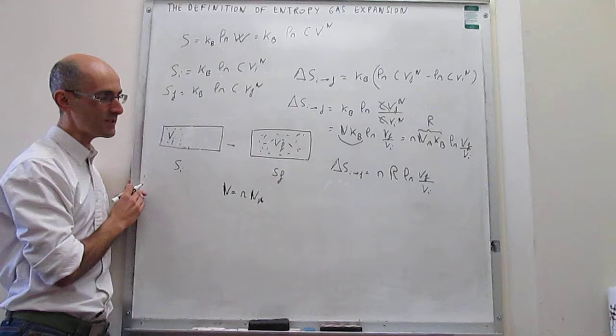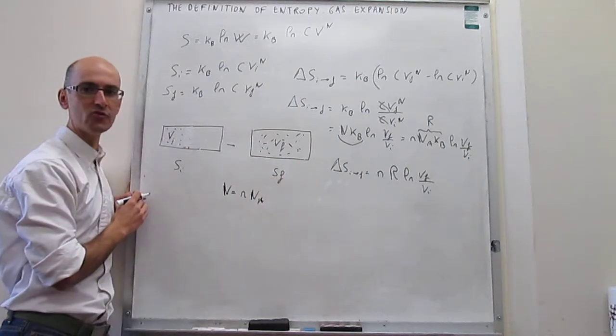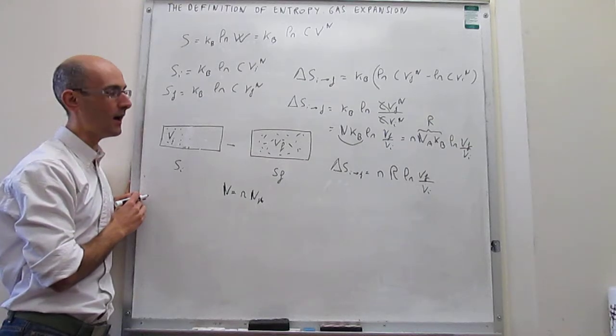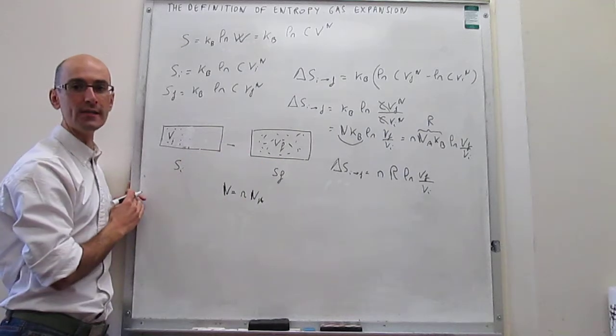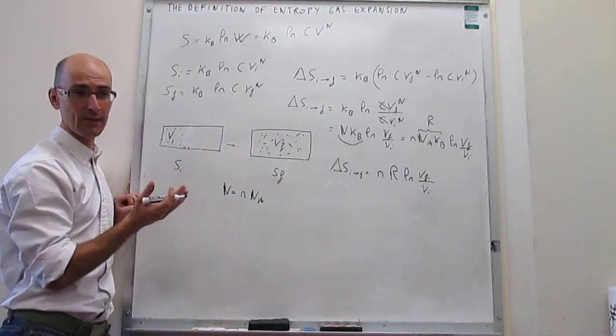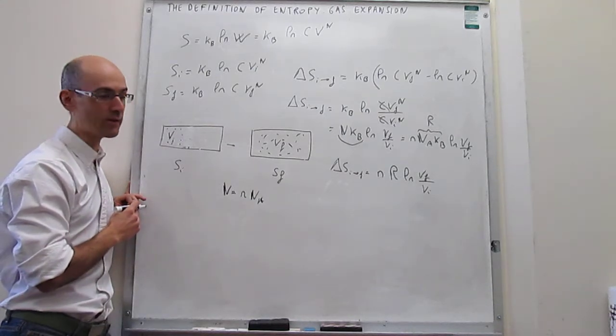We're going to finish this video by recognizing that this equation for the change in entropy in a gas expansion is actually more general than this. The equation that we're going to derive from here is going to apply to gas expansions and chemical reactions and phase transitions and every chemical process that you can think of.